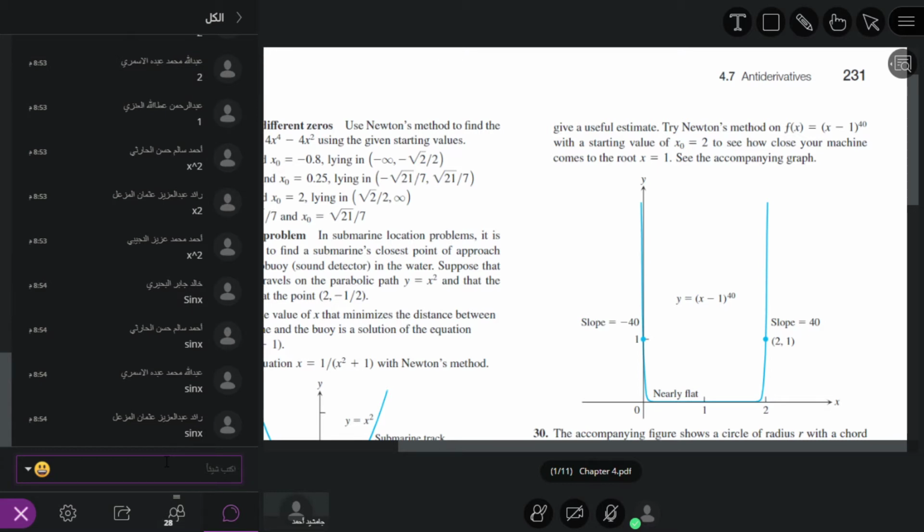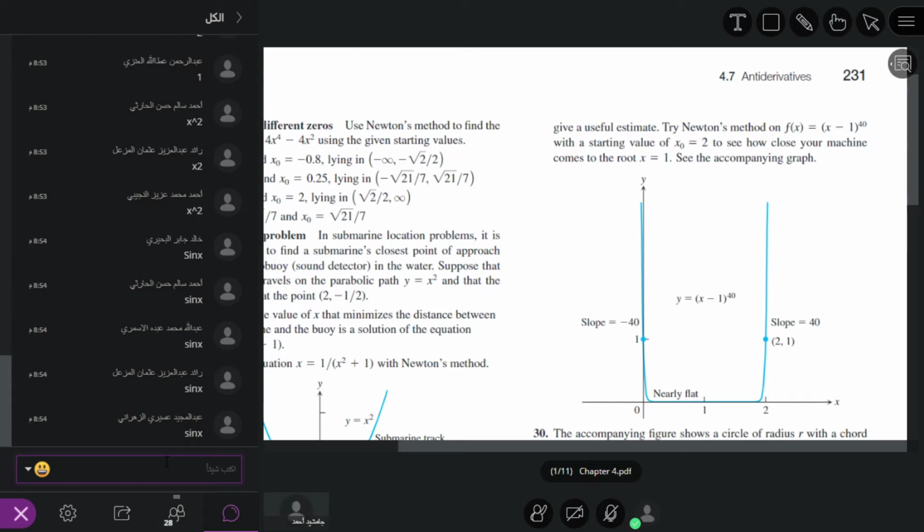And similarly, what is the derivative of tan x? Sec squared. The derivative of tan x is sec squared. What is the antiderivative of sec squared? Tan x. So now the same thing is given here in the first definition.